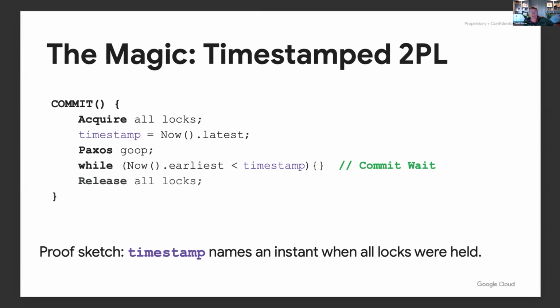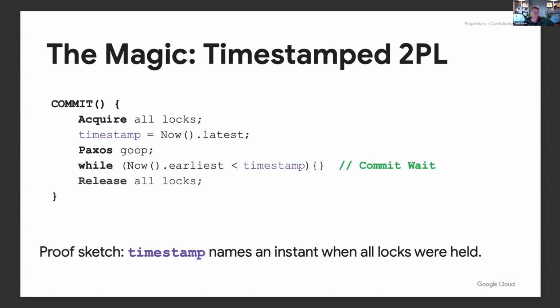And then we do what's called the commit wait, which you can think of as we just, in a tight loop, query now until the earliest timestamp of now is greater than the latest timestamp, which is the value we assigned from the latest before we did the distributed agreement.